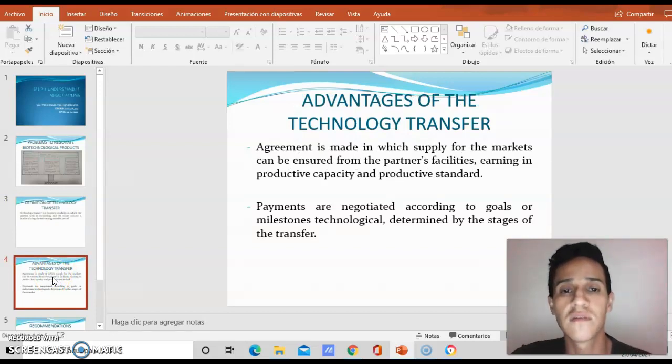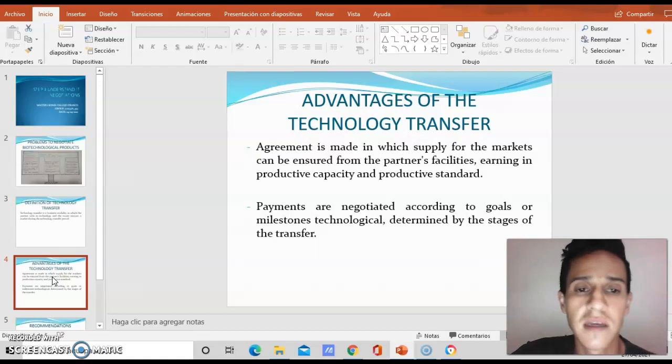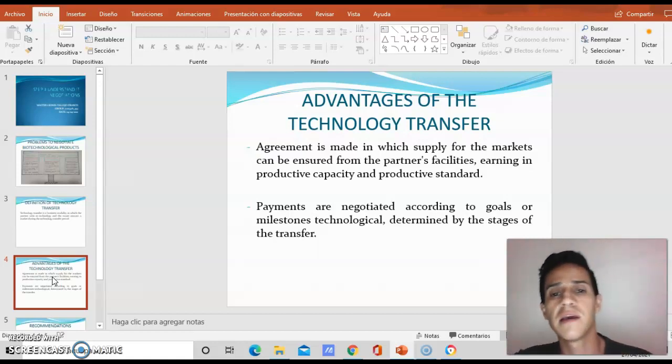Advantages of technology transfer. An agreement is made in which support for the markets can be ensured from the partner's facilities, gaining productive capacity and productive standard.